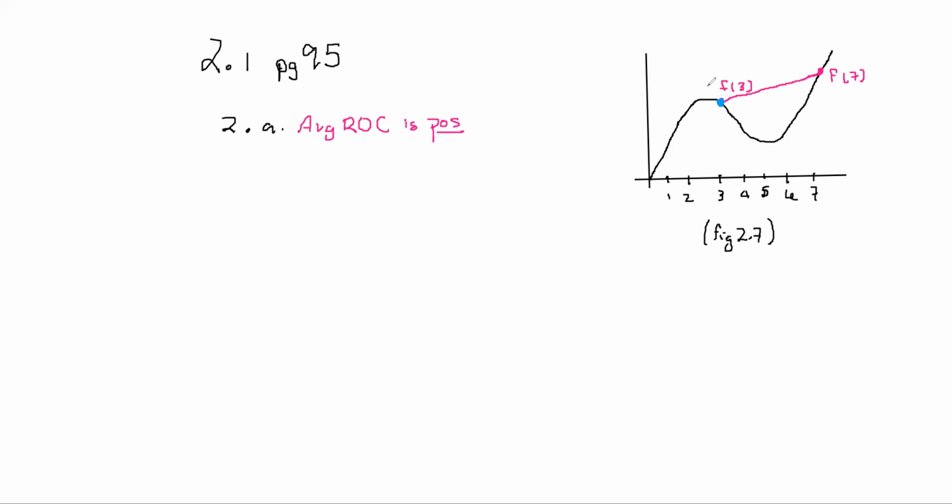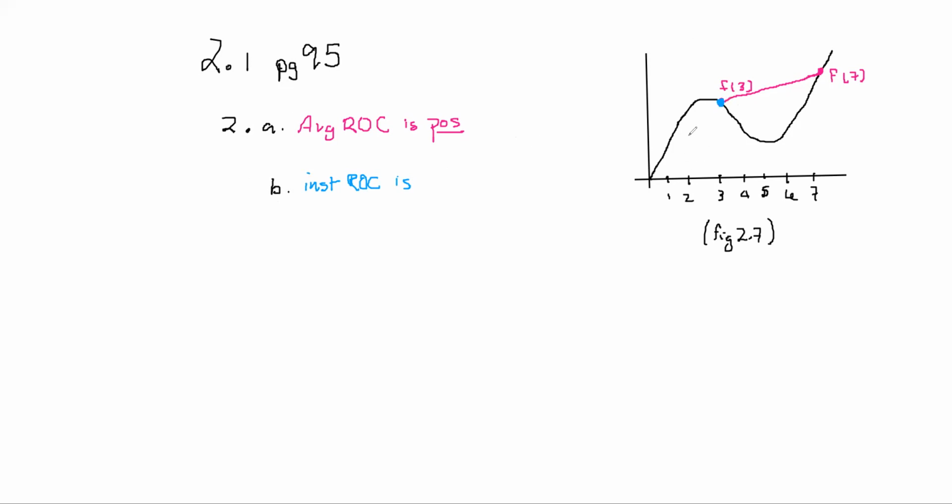All right, what about the instantaneous rate of change at f of 3? So we're right here. It would be negative? Yes, it is going to be negative. And why is that?